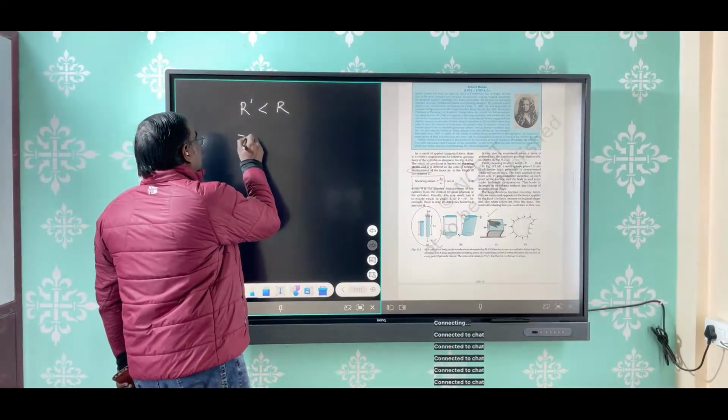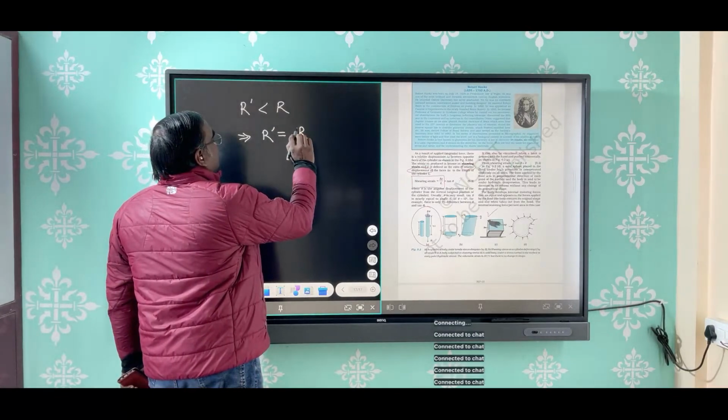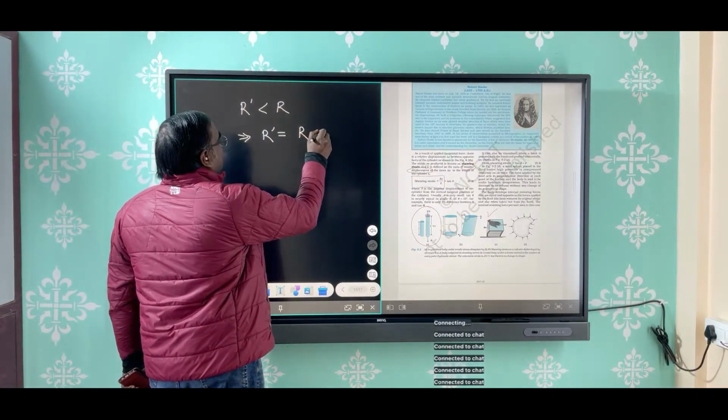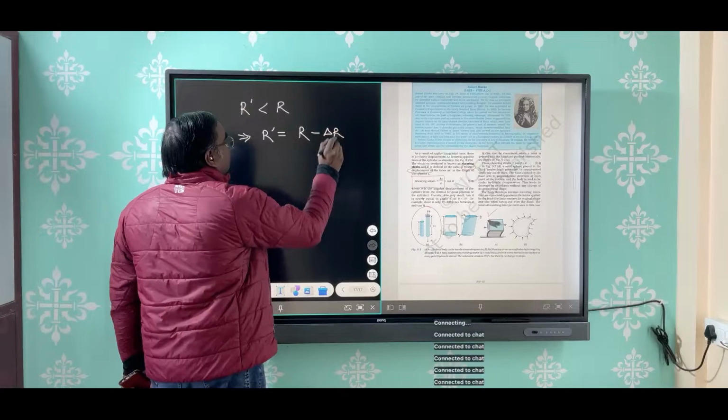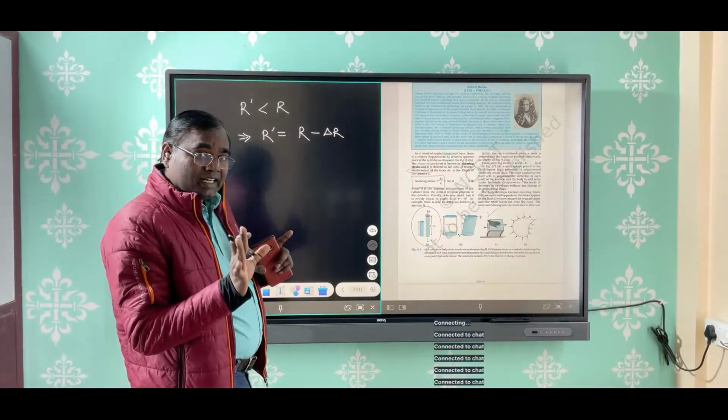So suppose R prime is equal to R minus delta R. So we have to calculate the hydraulic strain.